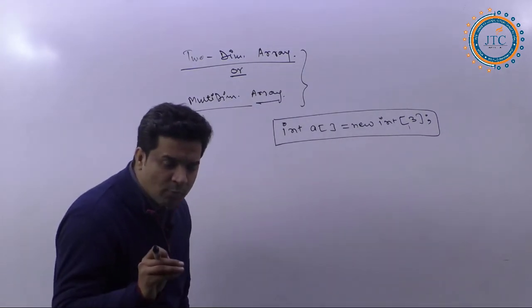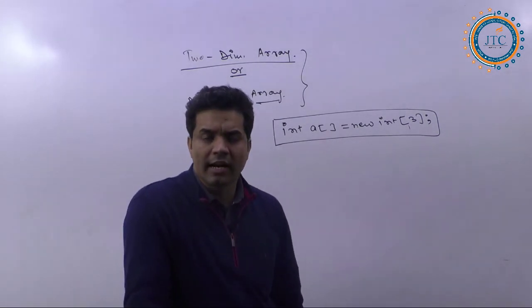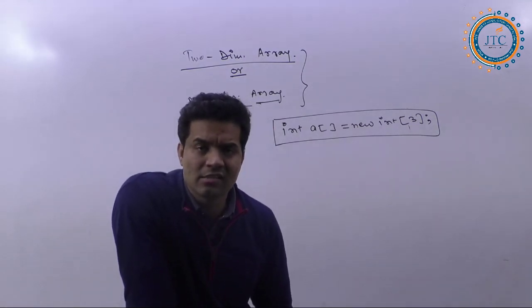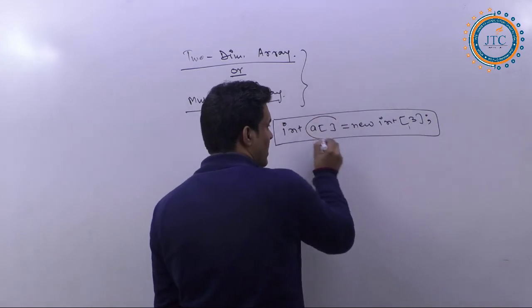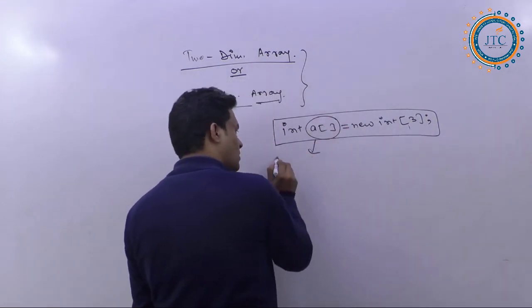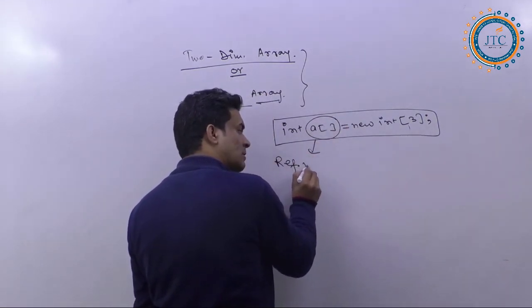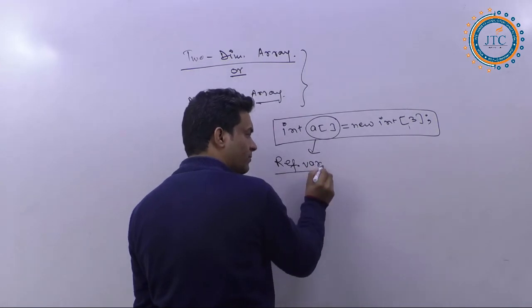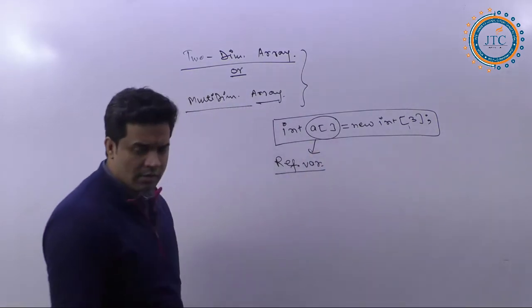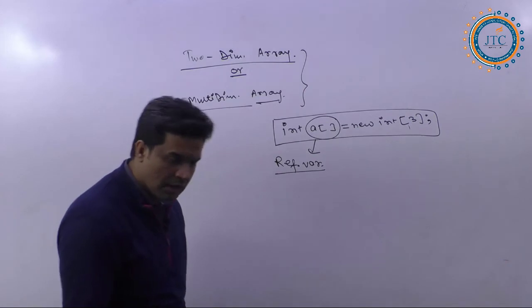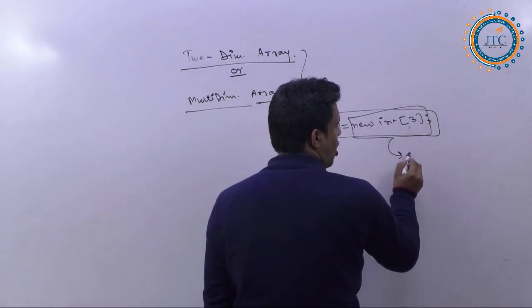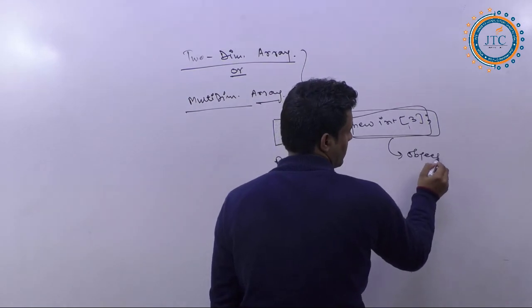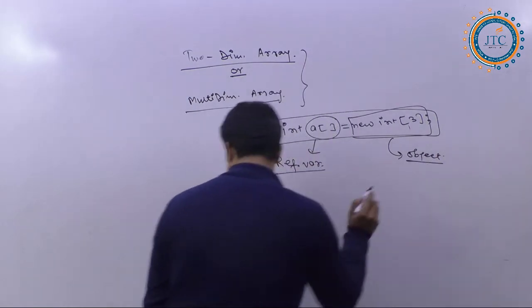So if we try to pronounce it, see here, this one we are calling a reference variable, and this particular one we are calling an object. This is a single dimension array.